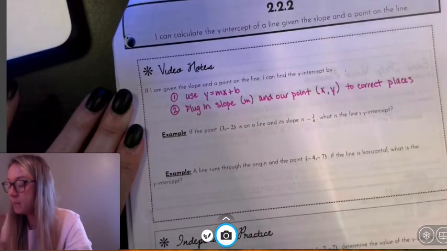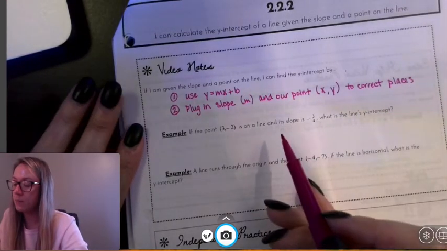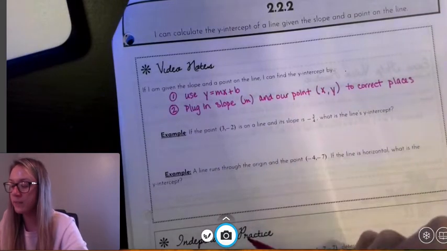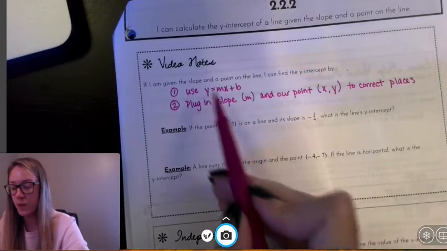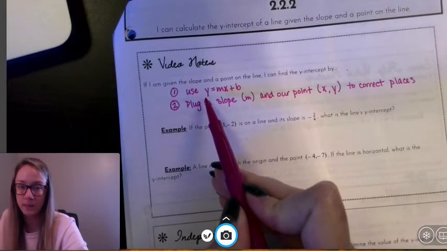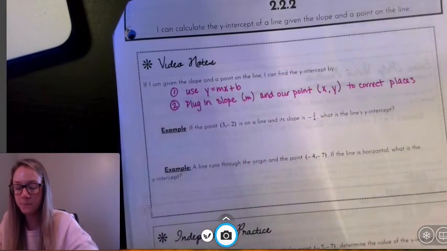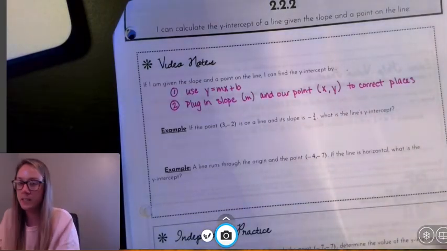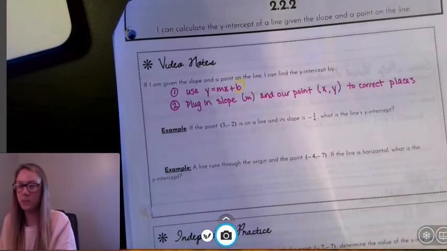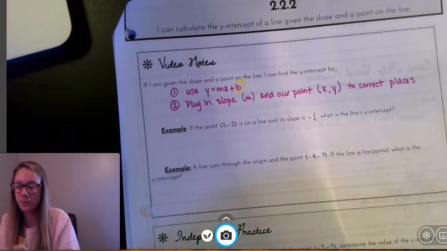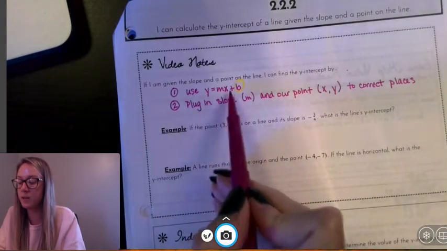And so what I mean by that is when we're trying to find our y-intercept, the y value here is not our y-intercept. Our y-intercept is b, and so we're trying to calculate this. So nothing should be plugged into that b value, but we should have numbers plugged into the other three.